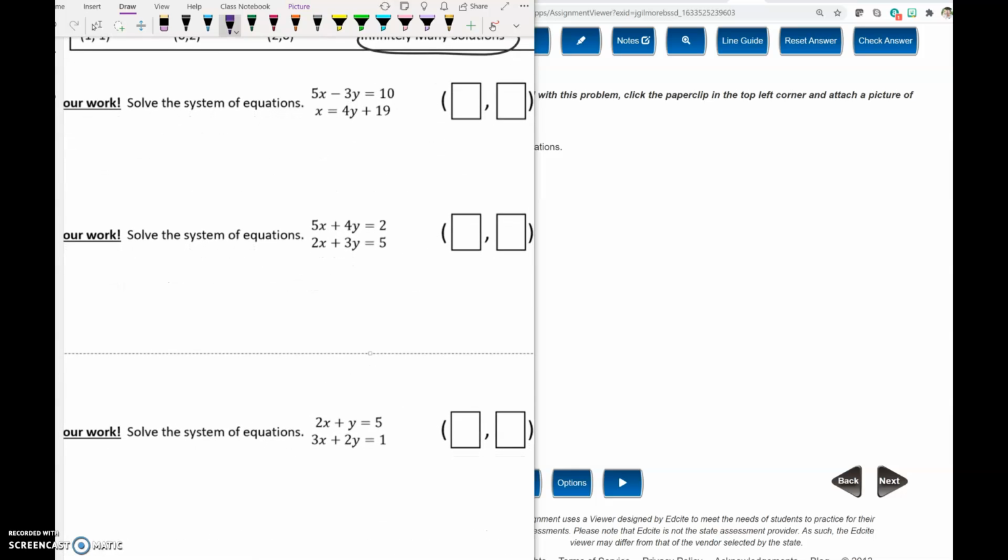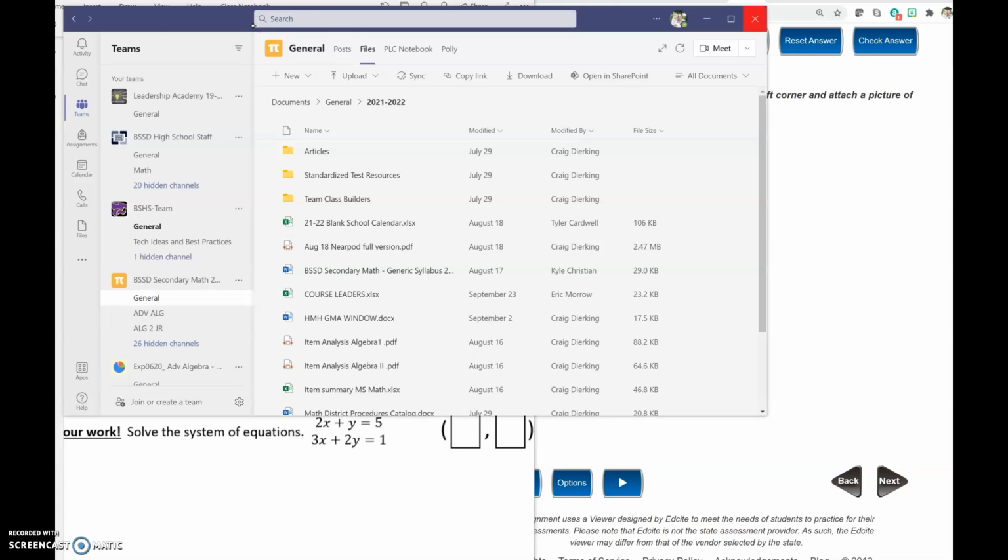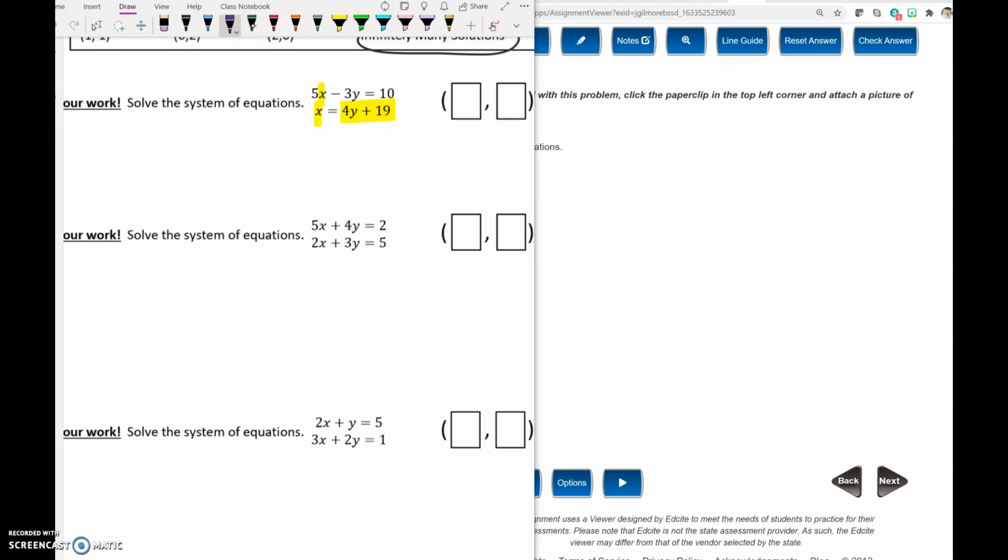This one is set up perfectly for substitution. It says x equals this stuff. So I'm going to replace the x in the other equation with that stuff. So 5, instead of the x, I'm putting in 4y plus 19, minus 3y equals 10.